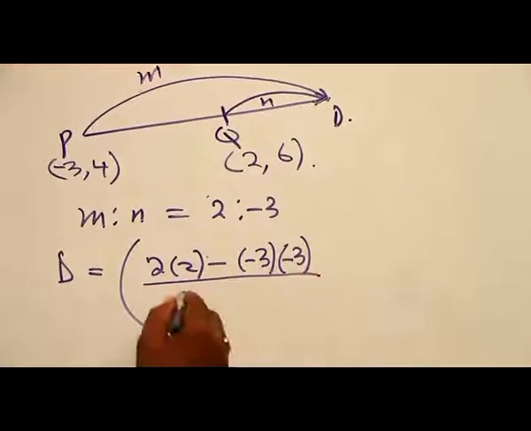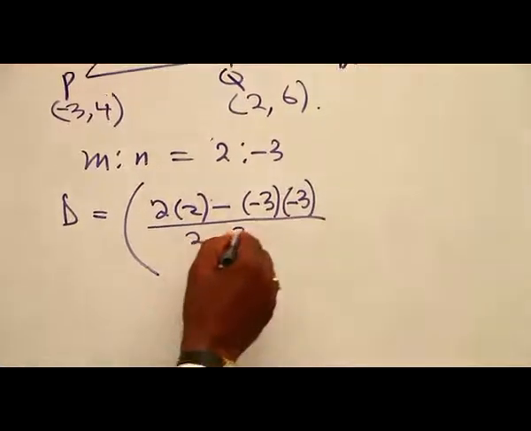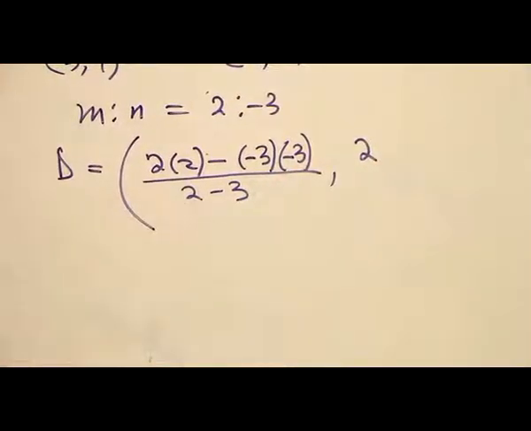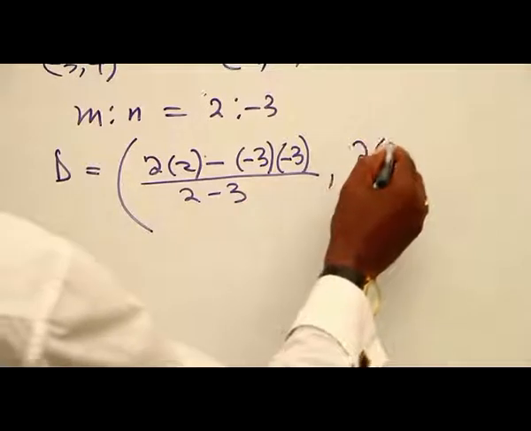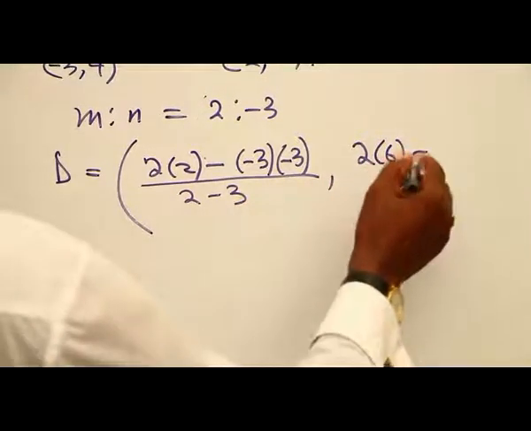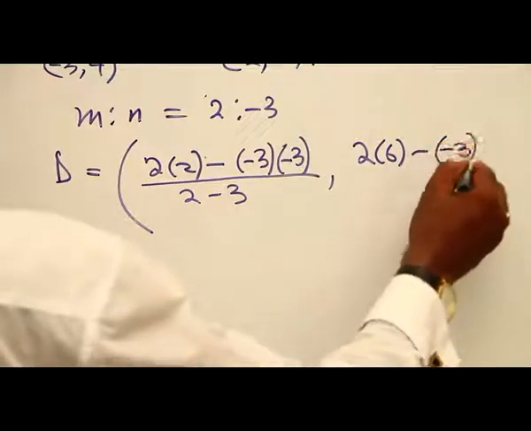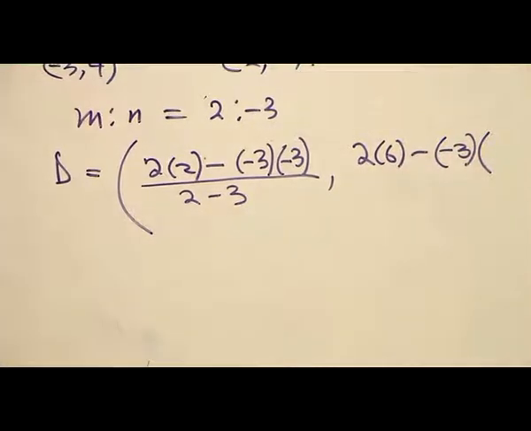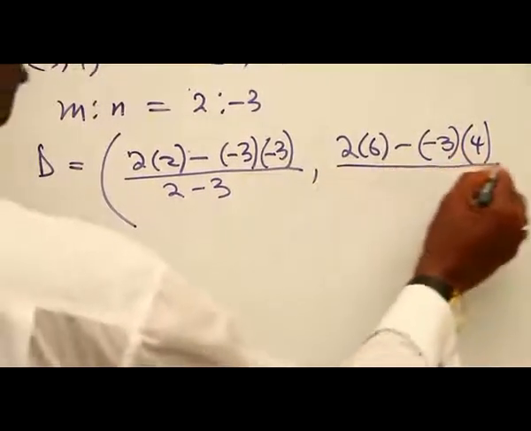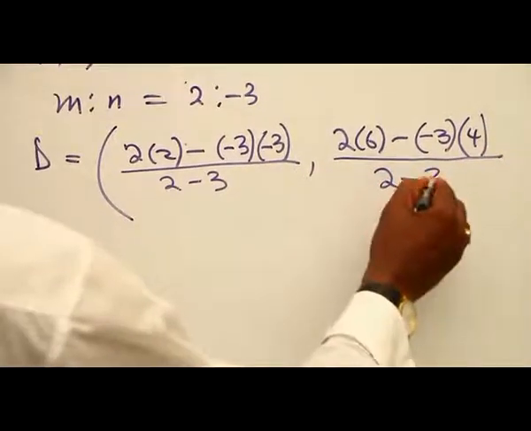Everything here will be divided by 2 minus 3, and then we have 2 again into y2, and our y2 is 6, minus n, which is minus 3, and that will also go into your y1, which is 4. Everything here will be divided by 2 minus 3.